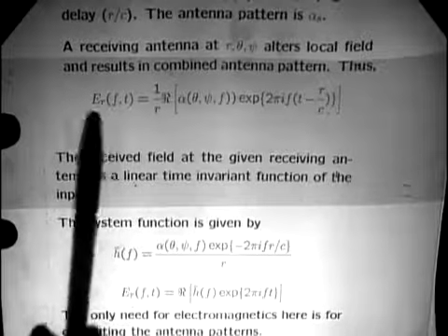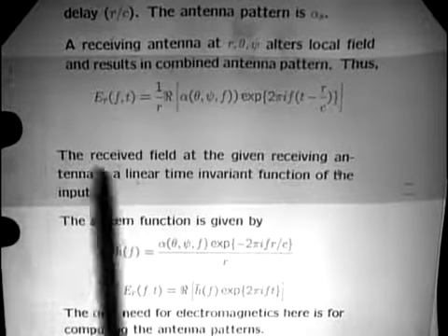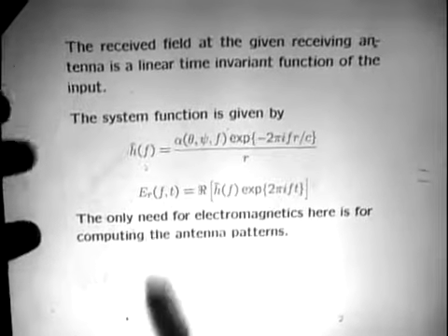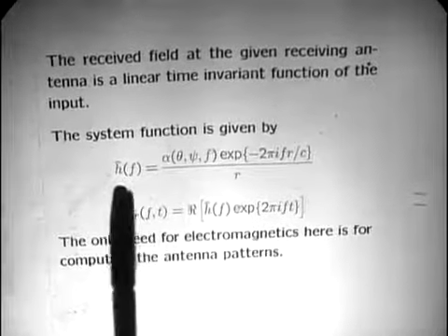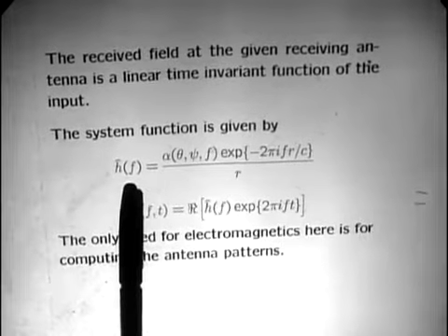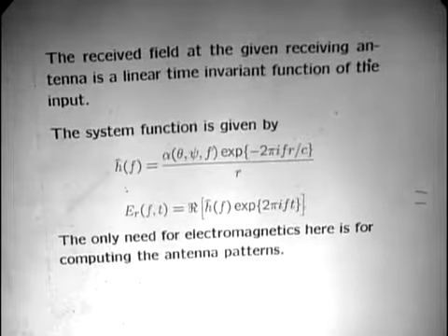And therefore, in fact, what's going on is that this gives you a system function which says what the response is to any given input that you might want to transmit. And it says the response at frequency f to a sinusoidal input, which is what we were assuming before.